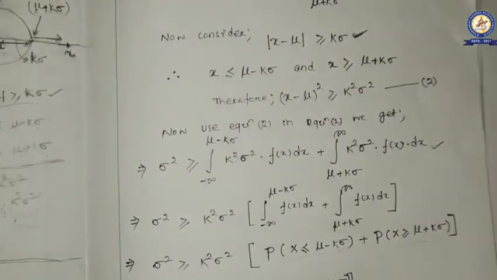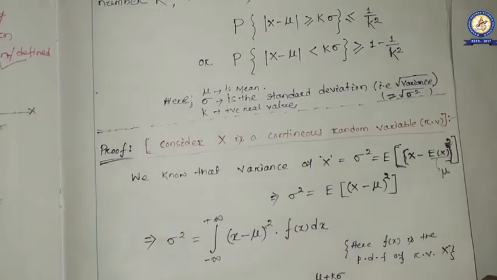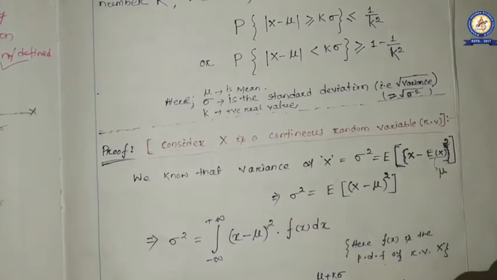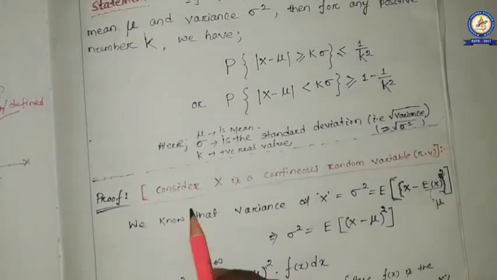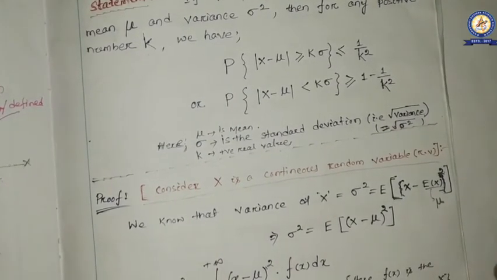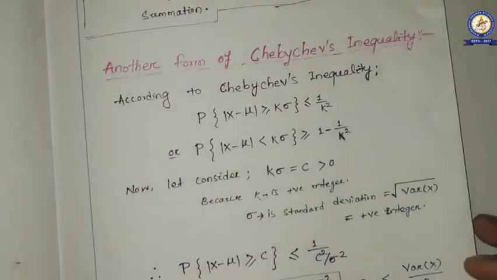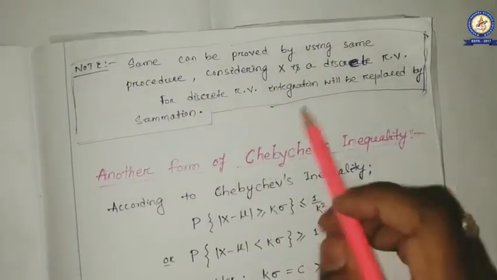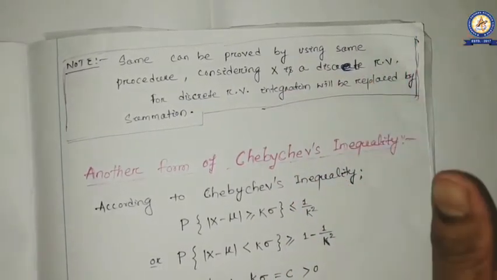Now the same thing, whatever steps we considered to prove this Chebyshev inequality by considering x as a continuous random variable, you can consider the same procedure with x as a discrete random variable. Also, you are going to get the same answer.